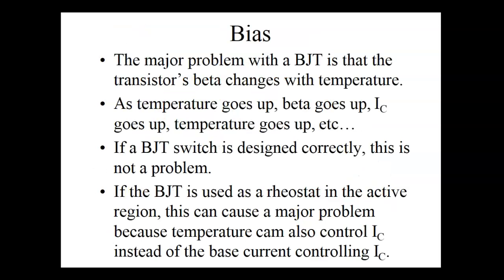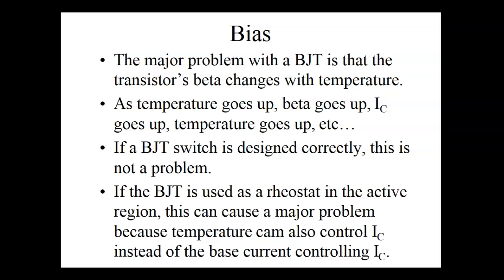The major problem with a bipolar junction transistor is that transistor beta changes with temperature. Now, we compensate for this with the switch by using minimum beta. So if we use minimum beta and the switch is saturated, you can't saturate it more than saturated. That'd be like trying to make a switch more closed than closed. So the beta can't go up because the switch is saturated. You understand what I'm saying? In a BJT used as a rheostat, this is the active region.